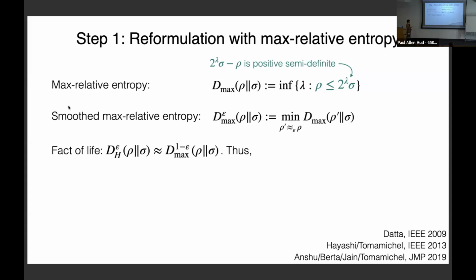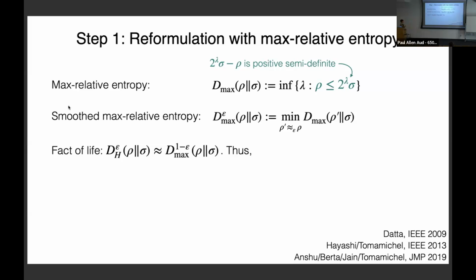But to go from one to the other, you have to swap epsilon with 1 minus epsilon. So DH epsilon is increasing in epsilon, while Dmax epsilon is decreasing in epsilon. If you increase epsilon, you increase the size of the ball, so the minimization goes down.